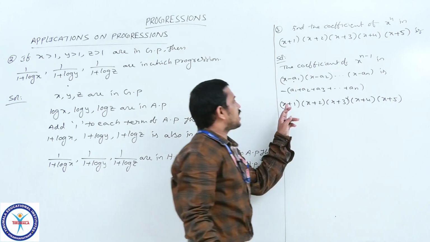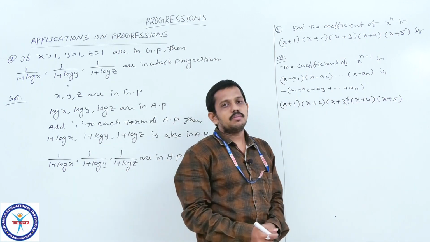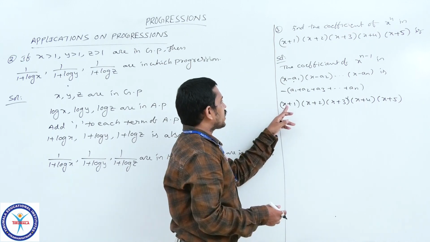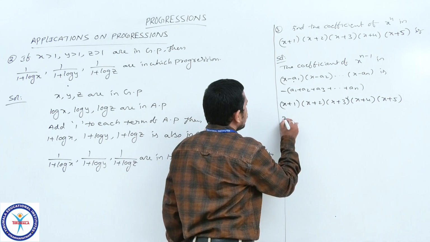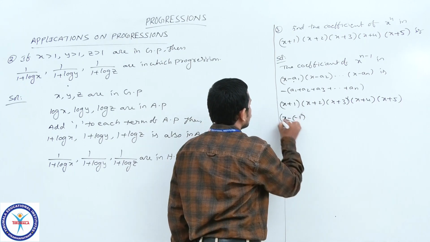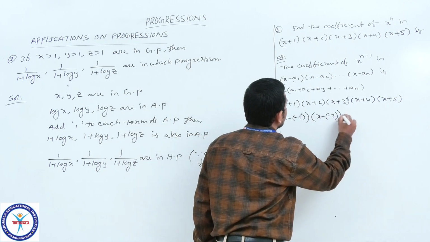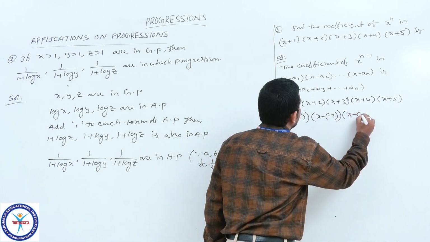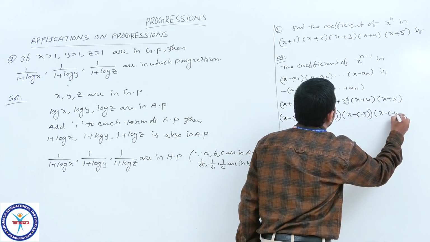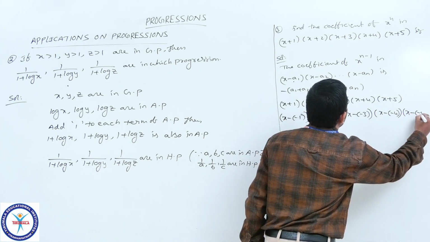This is in the form of x plus 1, x plus 2, x plus 3, x plus 4, x plus 5. But we require the x minus a1, x minus a2 form. So we can write x plus 1 equal to x minus of minus 1, x plus 2 can be written as x minus of minus 2, x plus 3 as x minus of minus 3, x plus 4 as x minus of minus 4, and x plus 5 as x minus of minus 5.